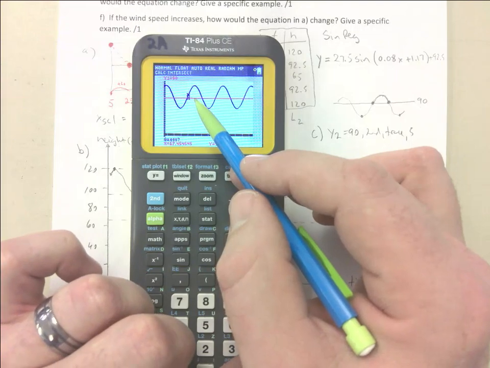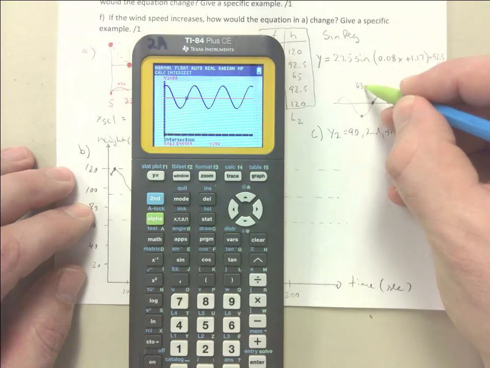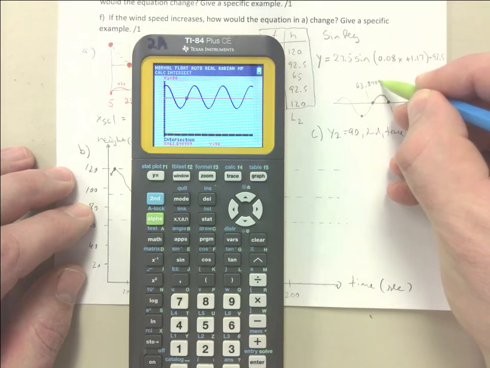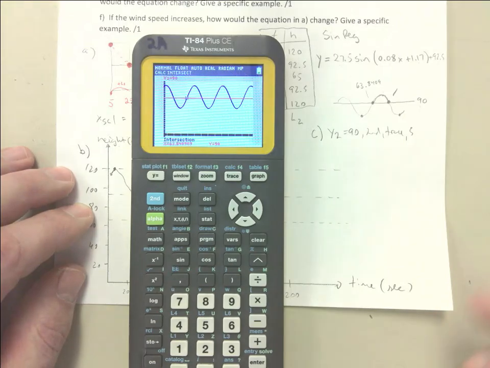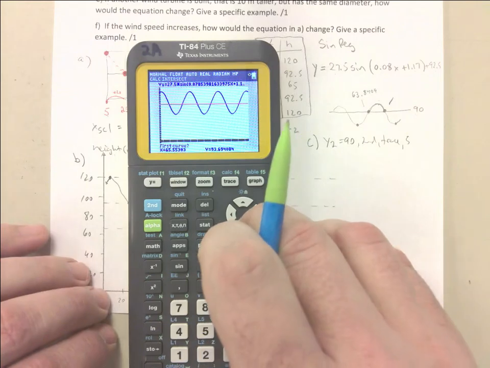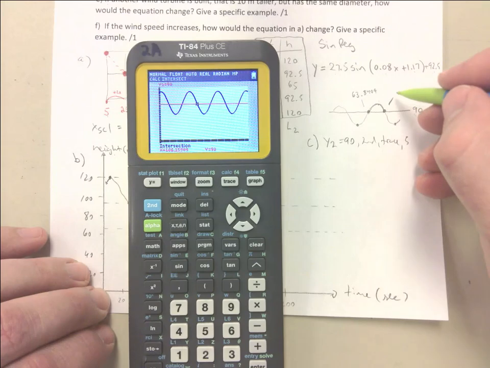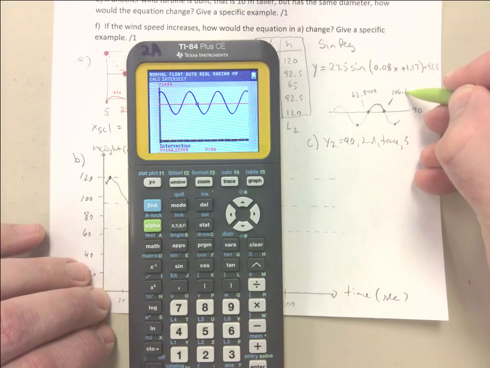So I'm going to go enter, enter, enter. This one here is 63.8409. And this one is 106.1591.